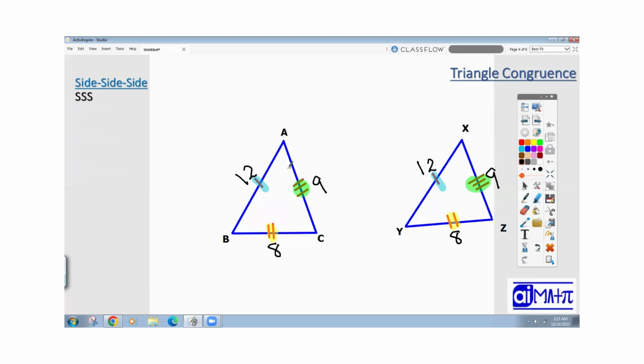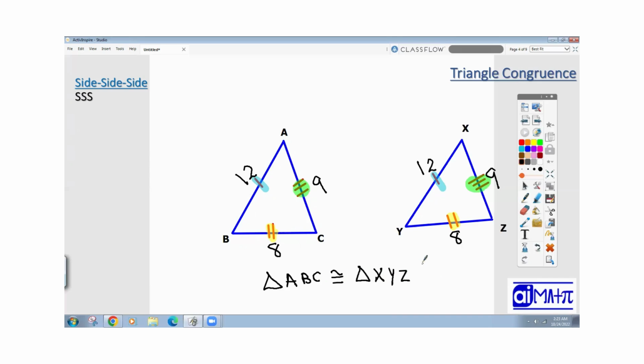So because of that, you would write what's called a statement of congruence, which says triangle ABC is congruent to triangle XYZ.